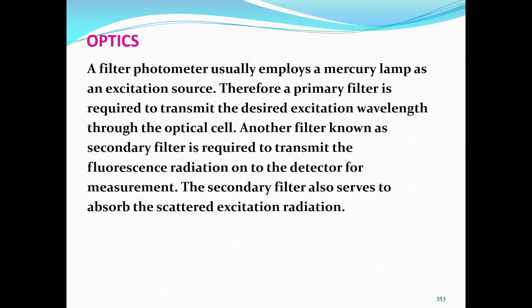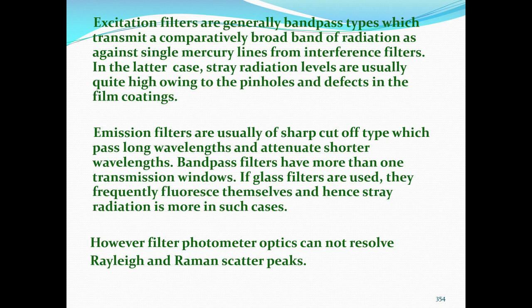The secondary filter also serves to absorb the scattered excitation radiation belonging to other wavelengths, so that it permits only the emission wavelength. Excitation filters are normally bandpass filters that transmit a comparatively broad band of radiation as against a single mercury line. Emission filters are usually of cutoff type, which pass long wavelengths and attenuate shorter wavelengths.